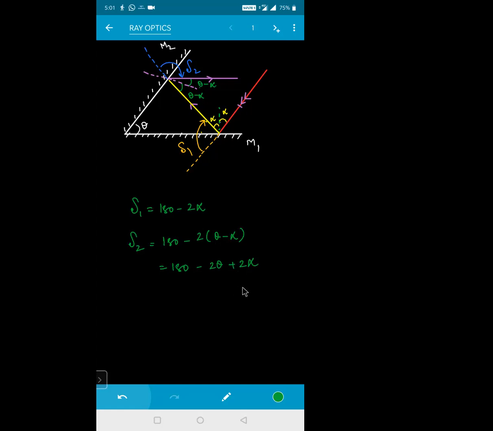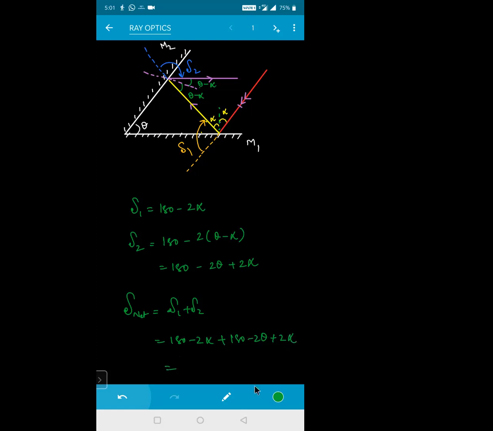Isn't it? Now add both of them. Tau net will be equal to tau 1 plus tau 2, since both are in the same direction. Tau 1 is 180 minus 2 alpha, plus 180 minus 2 theta plus 2 alpha.